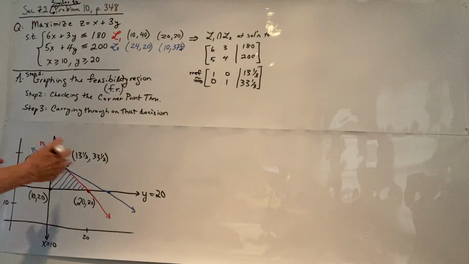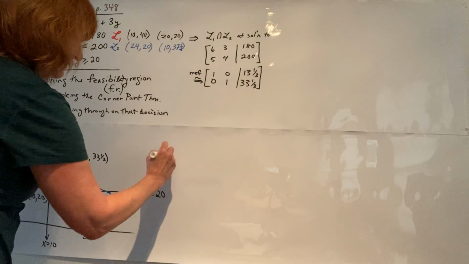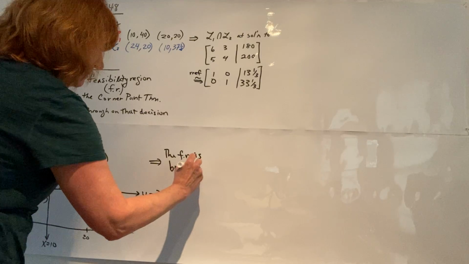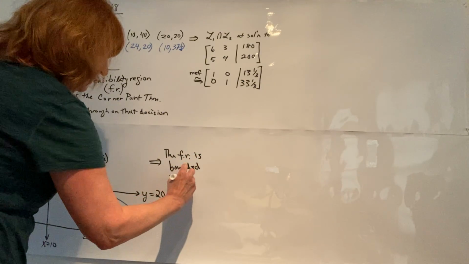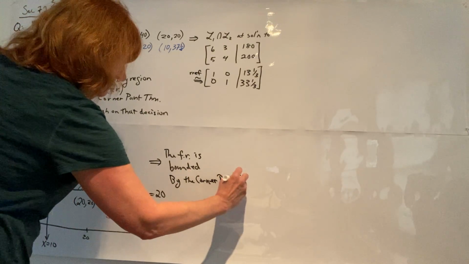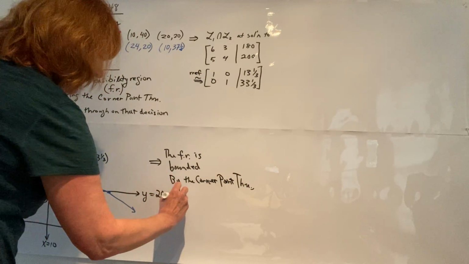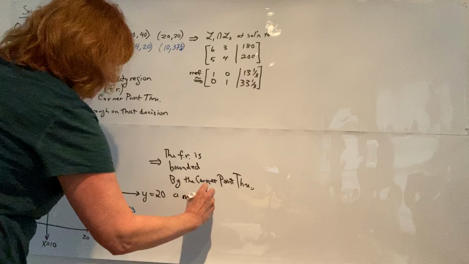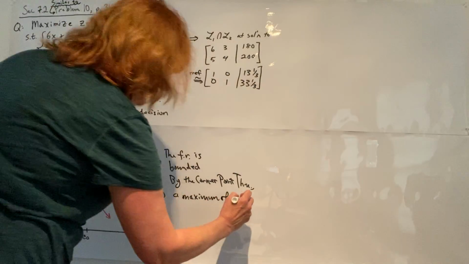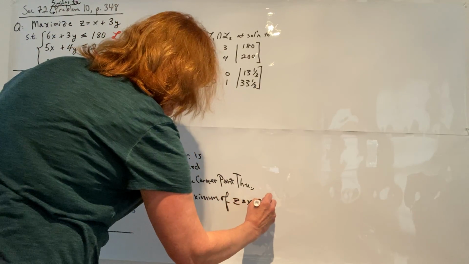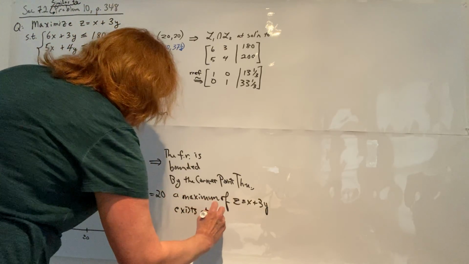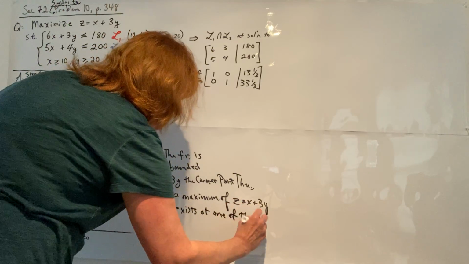So part of your work is to look at this and say, this implies the feasibility region is bounded, and by the corner point theorem, a maximum of z equal to x plus 3y exists at one of these corner points.